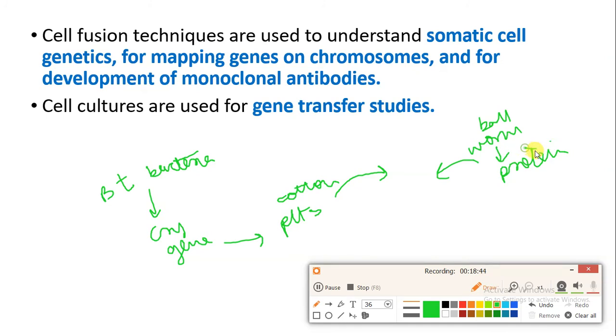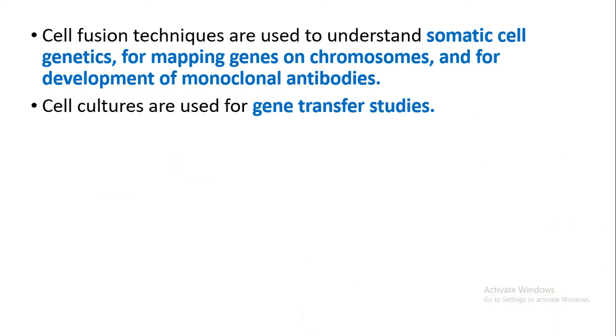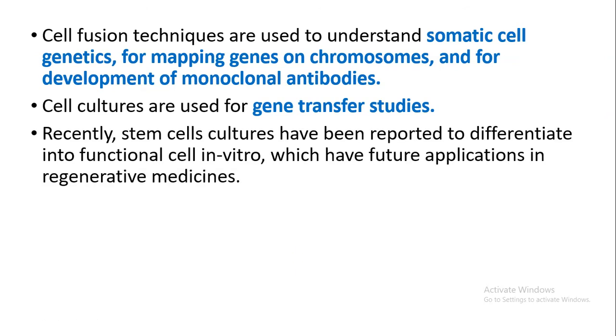These toxic proteins can cause the death of the bollworms, because they cause pores in the gut of these insects. That is how the plant becomes pest resistant. So this is a beneficial use of gene transfer studies.